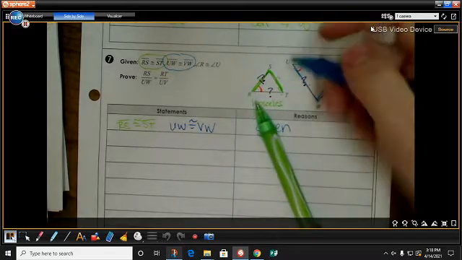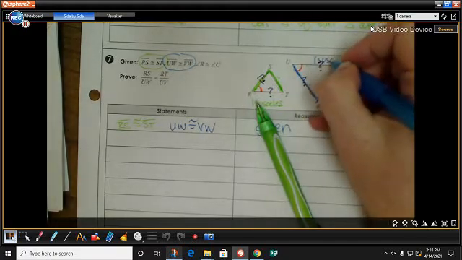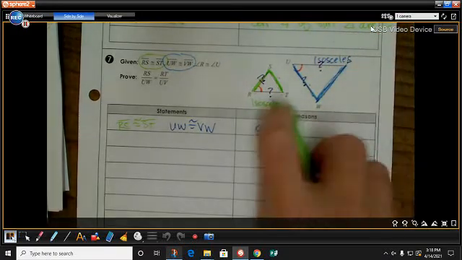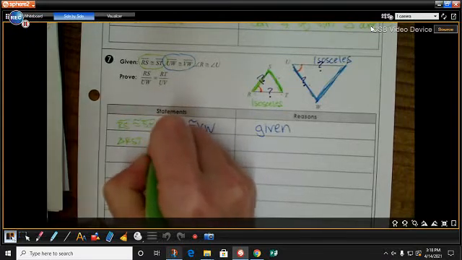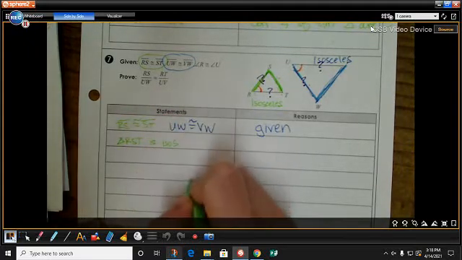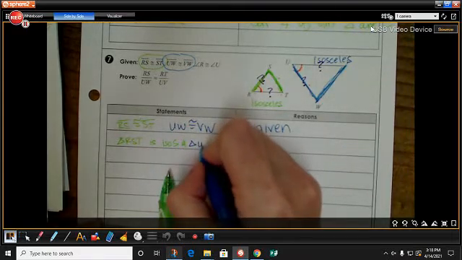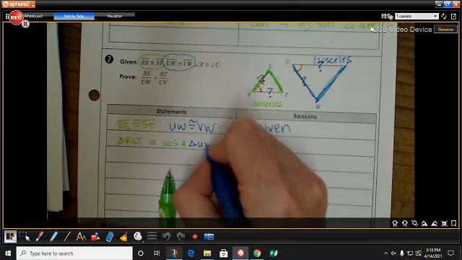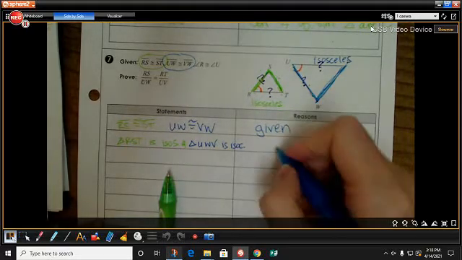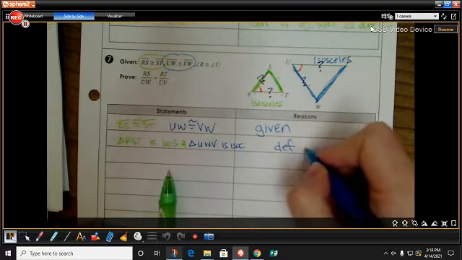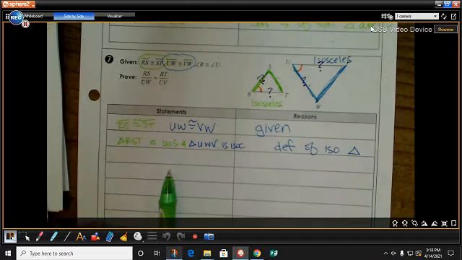And on this one, if I have two sides that are congruent, it'll also be isosceles. So I can now say that triangle RST is isosceles and triangle UWV is also isosceles. And that's by my definition of an isosceles triangle because they have two congruent sides.